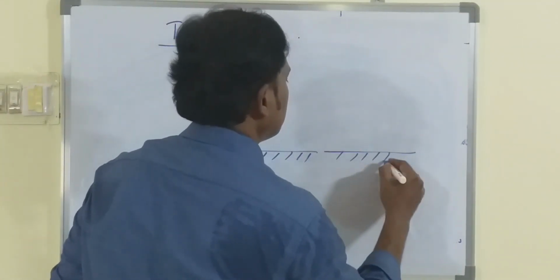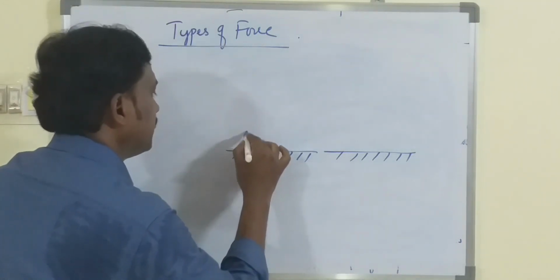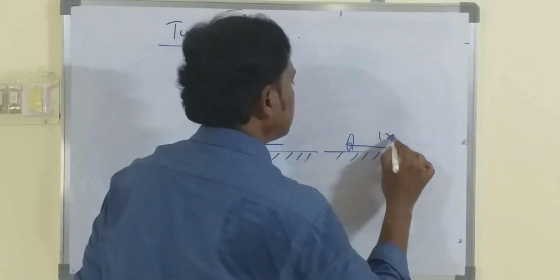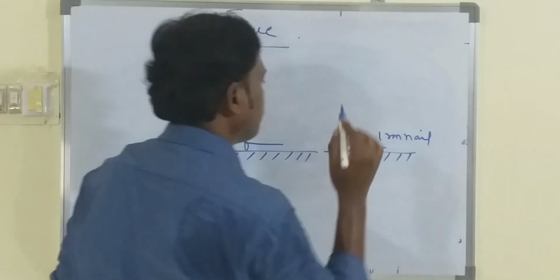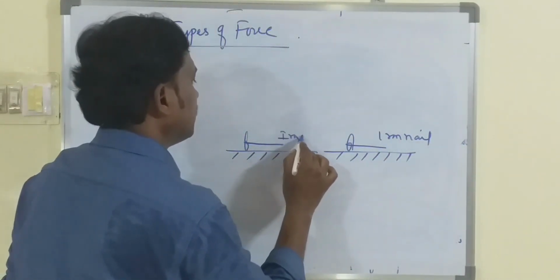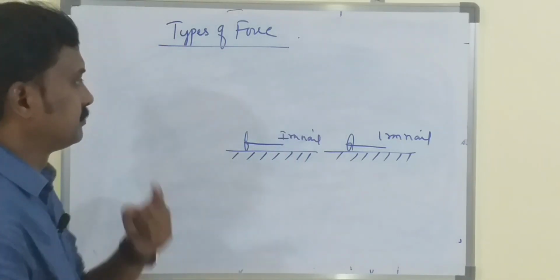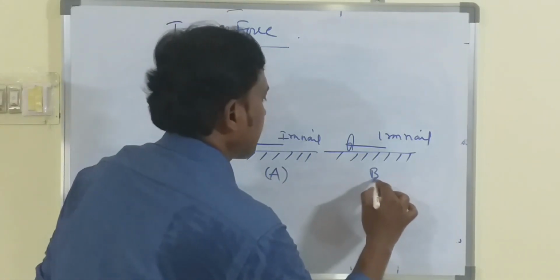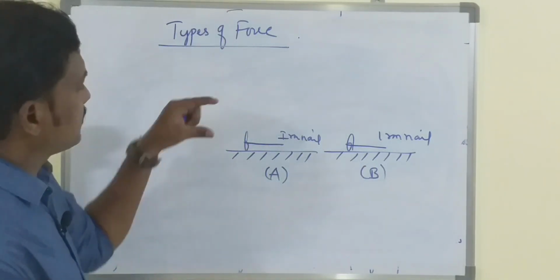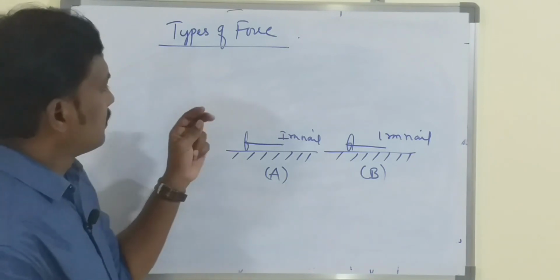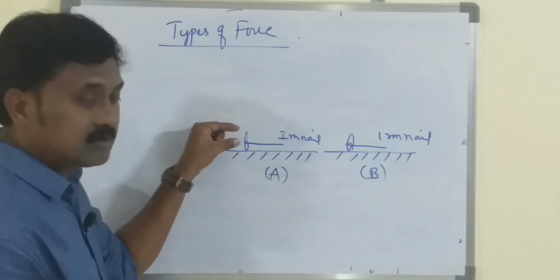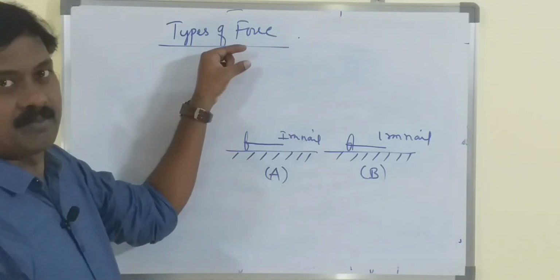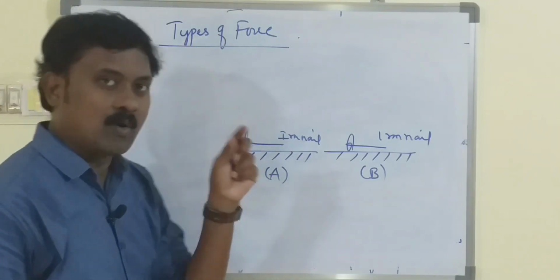Two examples I would like to take, and there is an iron nail here, and here also an iron nail. Now in the first case, let me say this is case A and case B. In case A, I am trying to lift the iron nail to some distance. I want to lift the iron nail. So in order to lift the iron nail, what am I going to do?